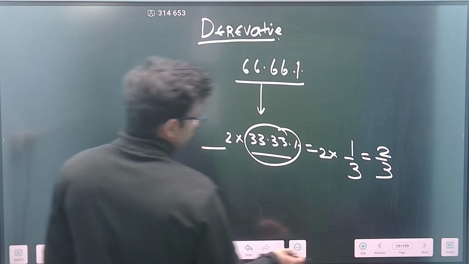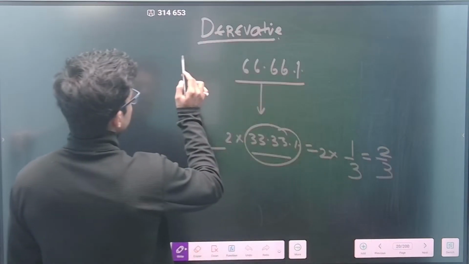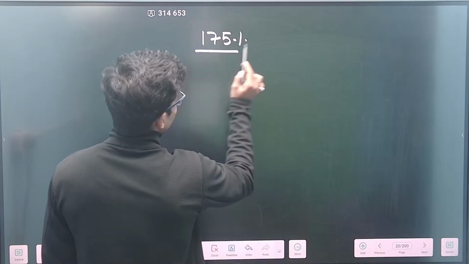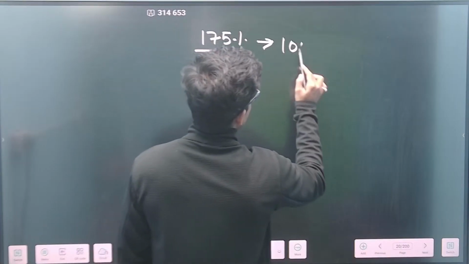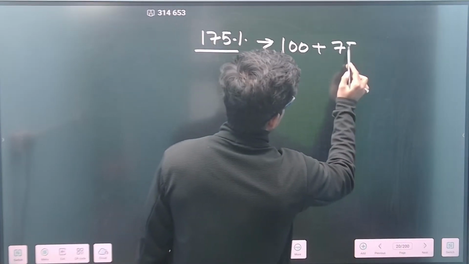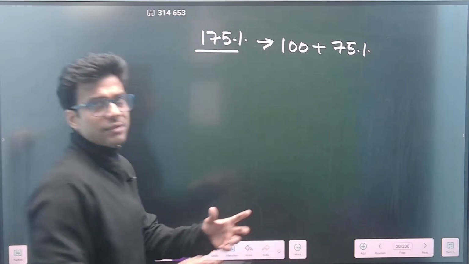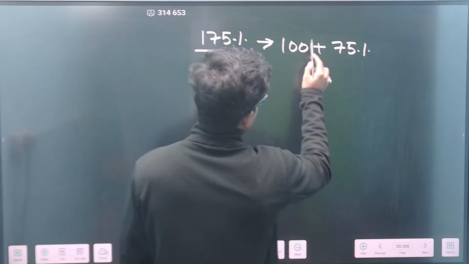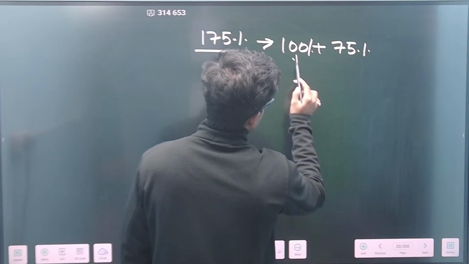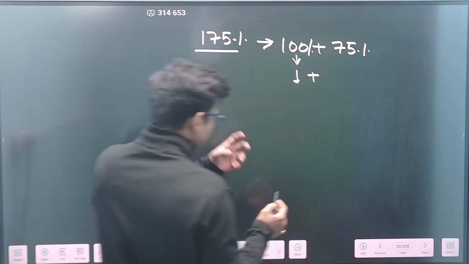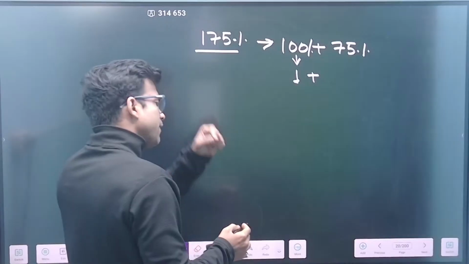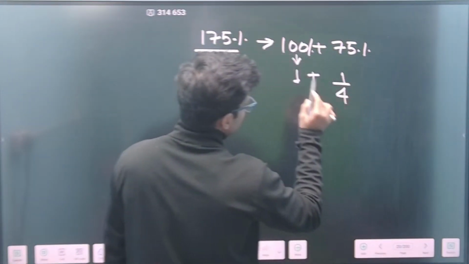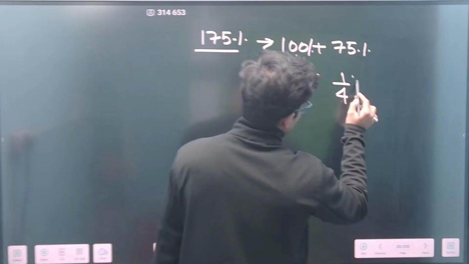Suppose now I need to break down 175%. You need to understand the derivatives. You can break it like 100% plus 75%. Now this 100% is basically 1, plus 75%. 1 by 4 is 25%, and 25 into 3 is 75, so I multiply this by 3.